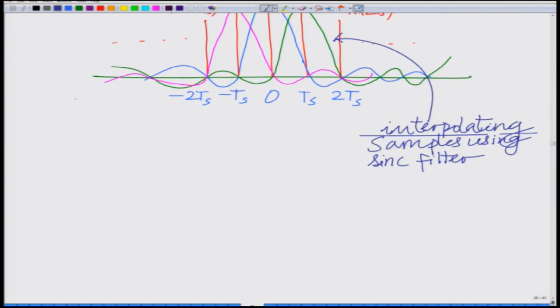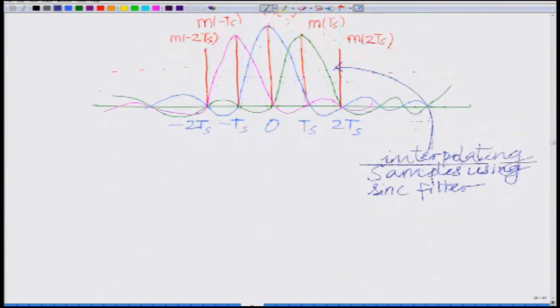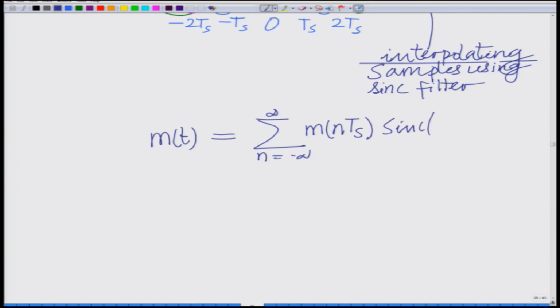And what is the reconstruction? If you look at this relation, m of t equals the summation over n equal to minus infinity to infinity of m of n Ts times sinc of fs t minus n Ts.